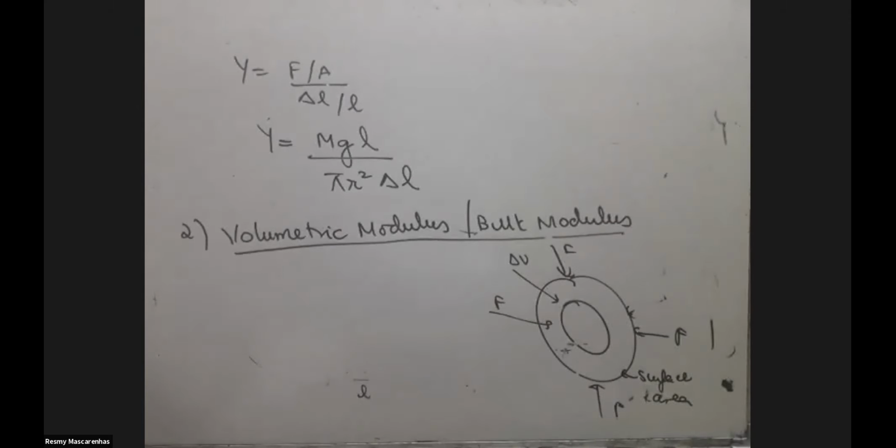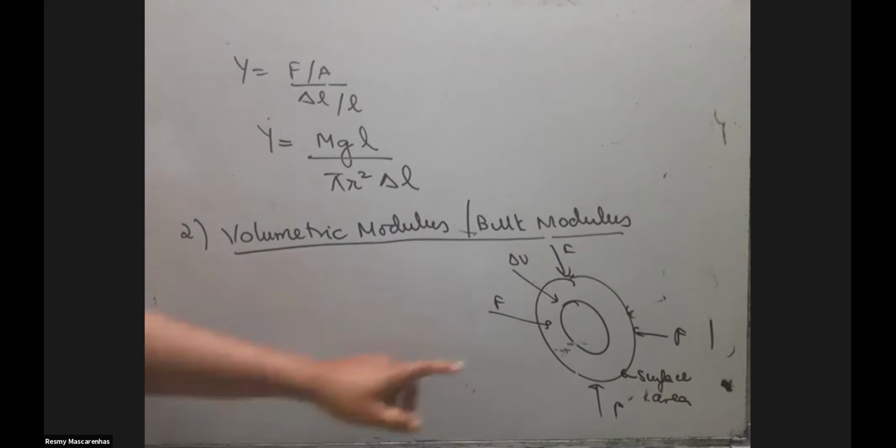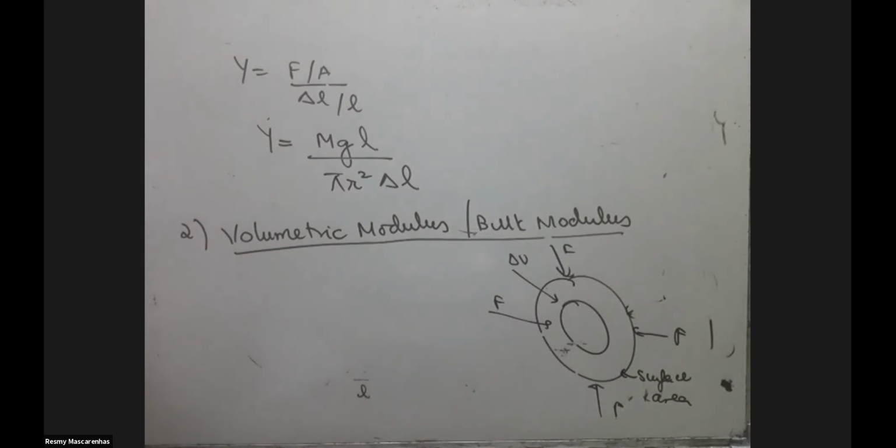This is the formula which we already derived for the previous one, Young's modulus. Now today we'll be doing this. The second one, related to volume, is called the volumetric modulus, or also called the bulk modulus. So the diagram is the same one which we used for volume stress and volume strain.